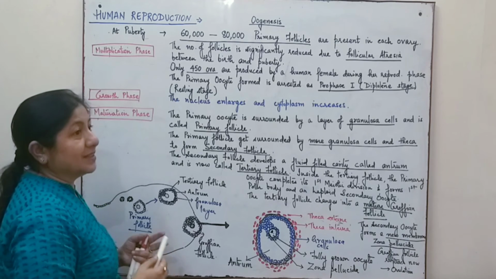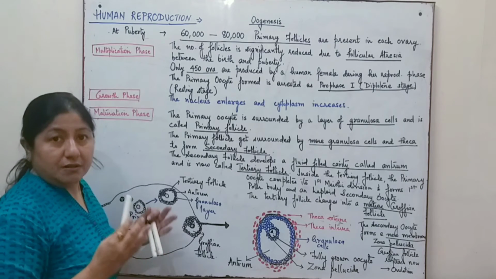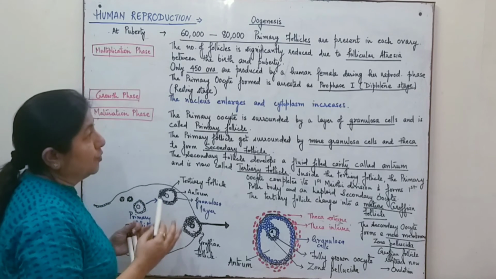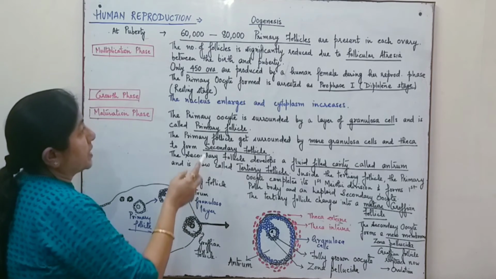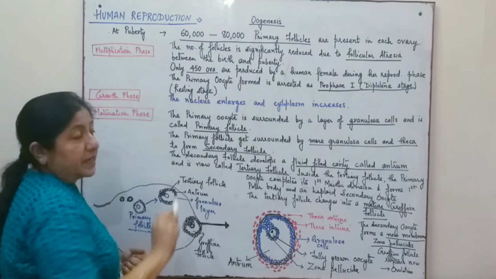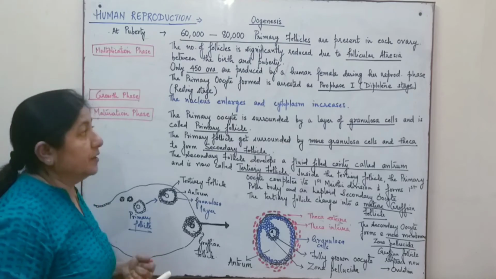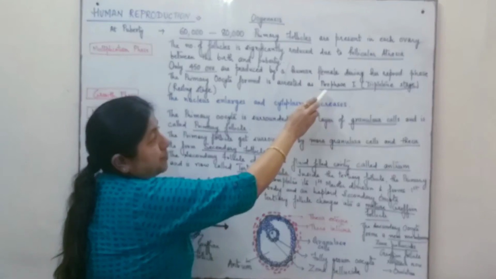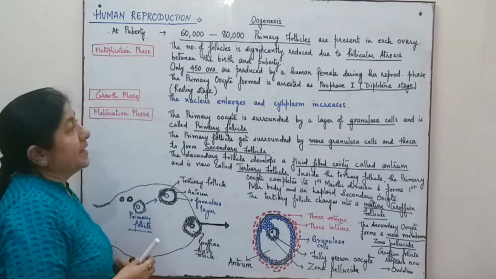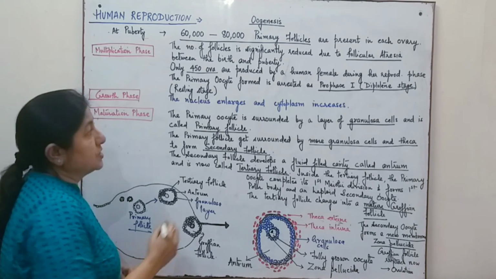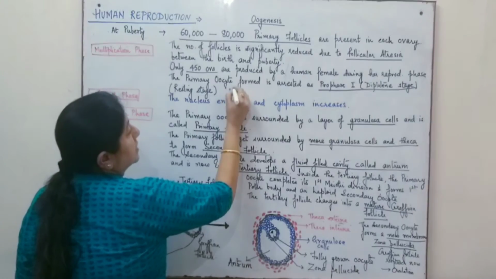So we see that there is a very large reduction in the number of ova available for fertilization. Now, the primary oocyte which is formed over here is arrested at prophase 1, diplotene stage, and it is the resting stage. This is the first meiotic division.